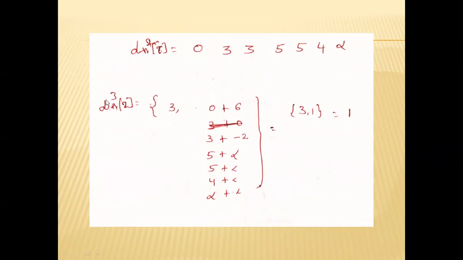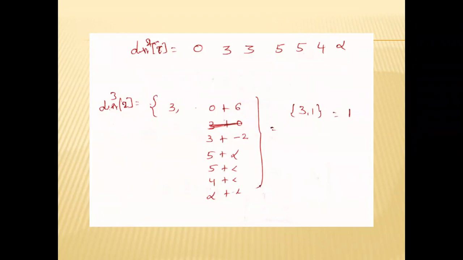By using distance square, we are calculating distance cube 2. What does distance cube 2 mean? Distance cube means we are finding the shortest path from 1 to 2 by using 3 edges. Suppose there is no shortest path from 1 to 2 by using 3 edges, we consider at most edges, that is only consider 2 edges.